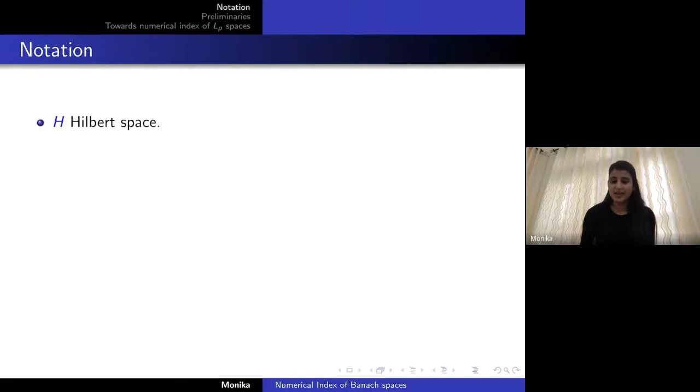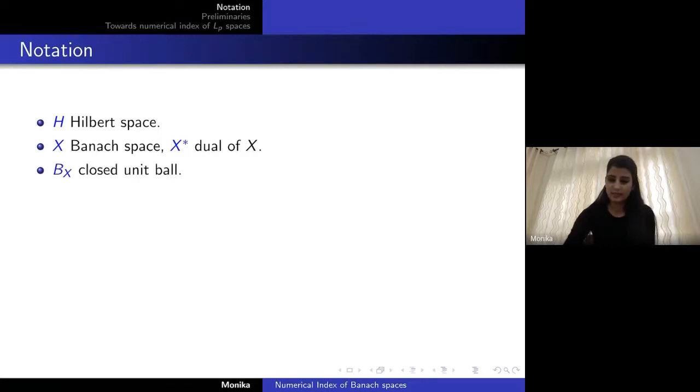Throughout this talk, H will denote the Hilbert space. For Banach space X, X star will denote the dual of X. Bx will denote the closed unit ball.